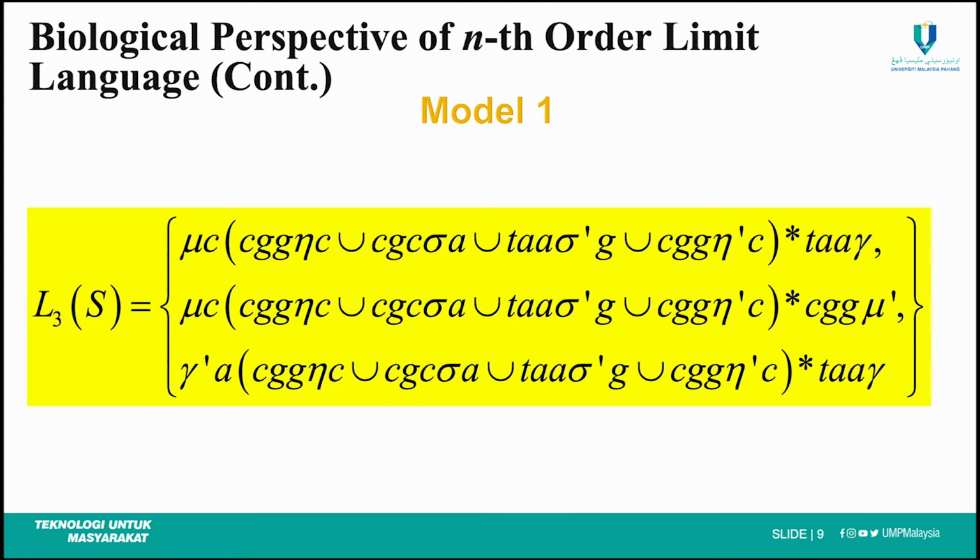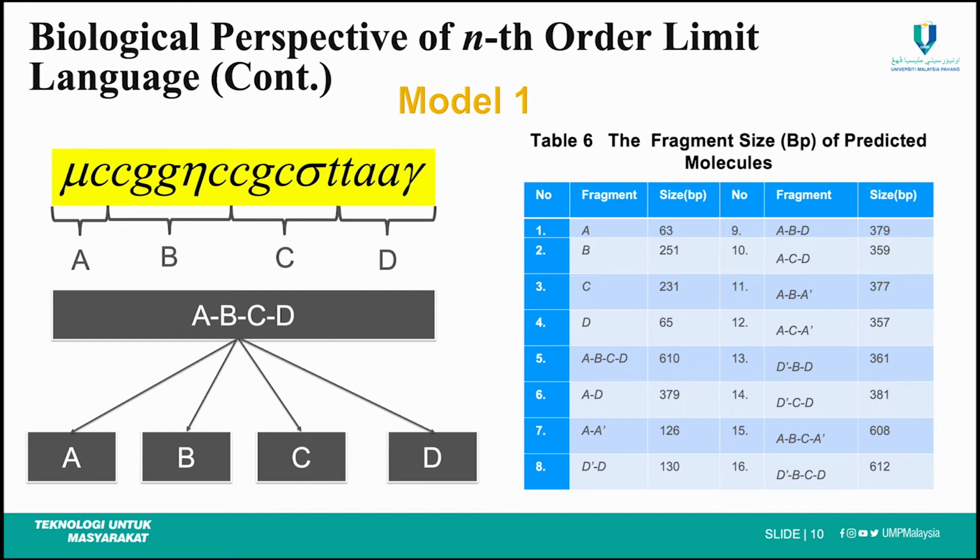This is the third order limit language according to the model we use, and the string is divided into these few fragments, and the length of each fragment are given as mentioned on table 6.